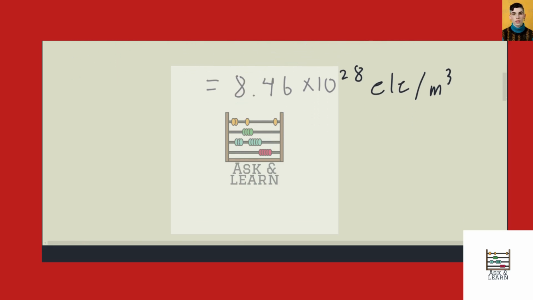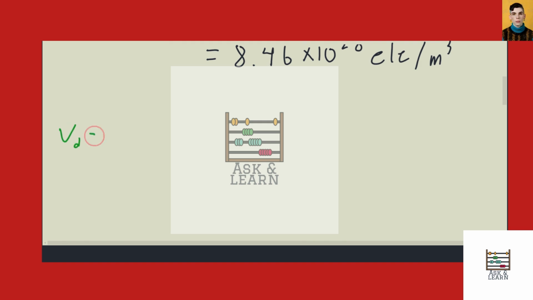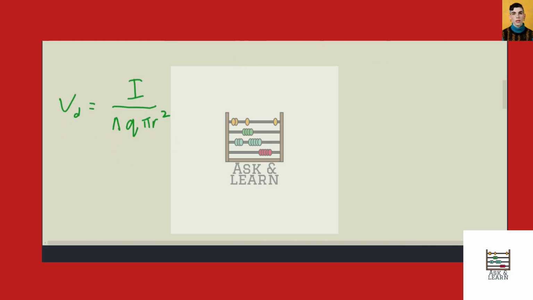So now I'm going to rewrite the equation for the drift velocity. This was equal to the current I divided by N times Q times A, which in our case is pi r squared. So we now have all the terms that we need. Now we just substitute in the variables.